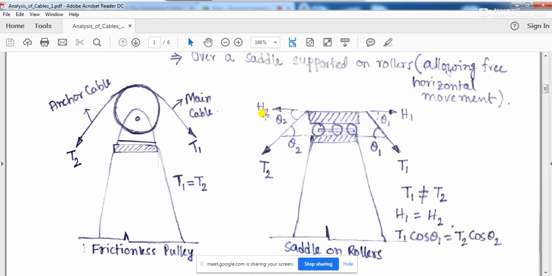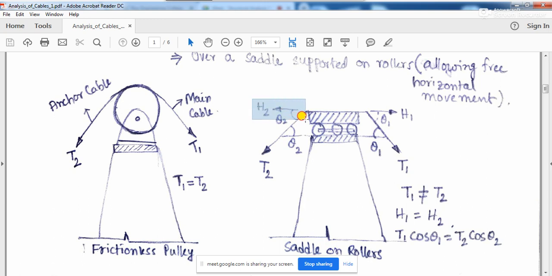this tension force. Okay, so basically the mechanism of the saddle, because you see this roller cannot go down and it cannot come over to here. So this saddle will move on this side or a little on this side. So to balance this saddle in position, to have an equilibrium condition, there must be horizontal force equilibrium.